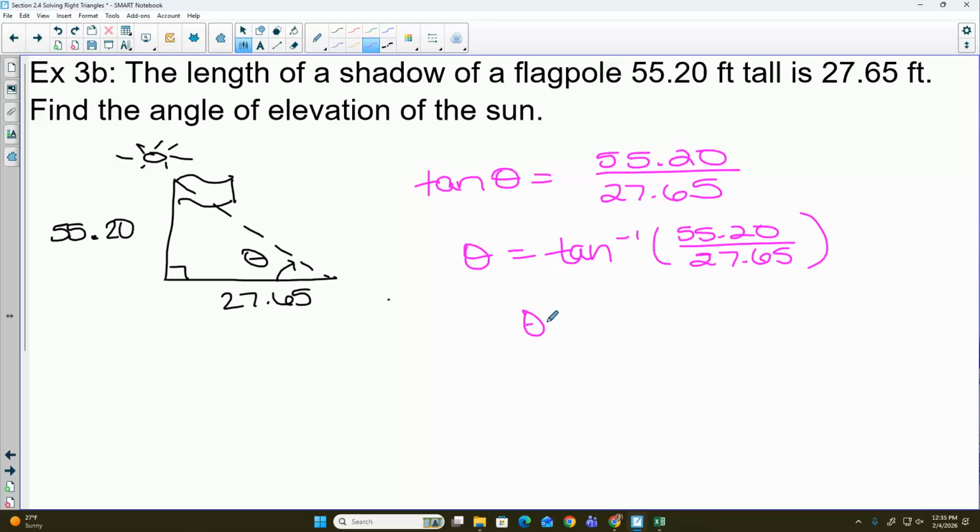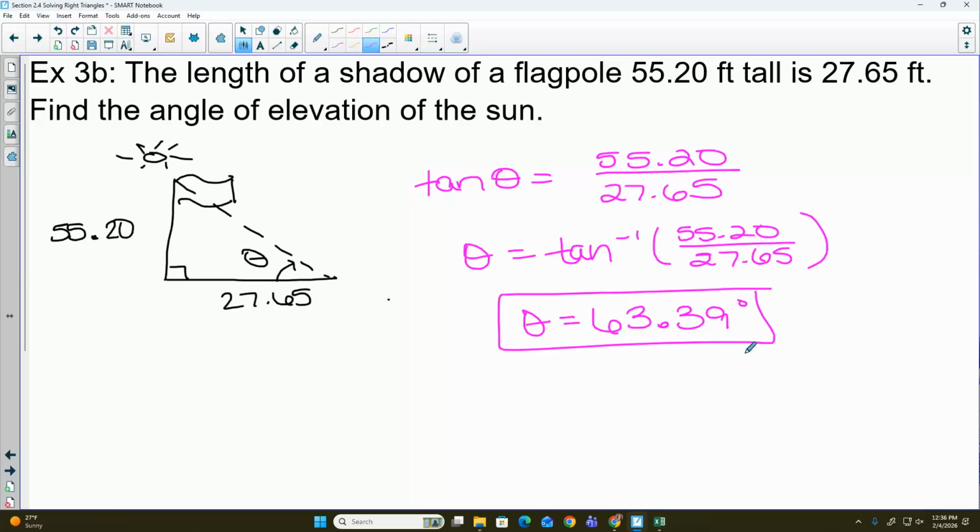We said we needed 4 significant digits. So 63.39 degrees. So faster than yesterday's problems because we're only finding one piece in the triangle, not all of them.